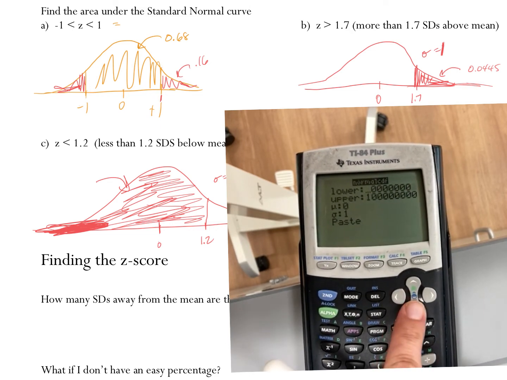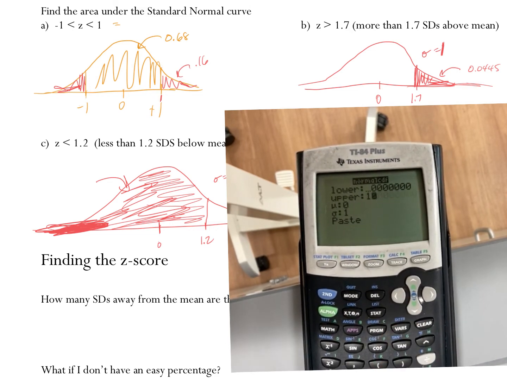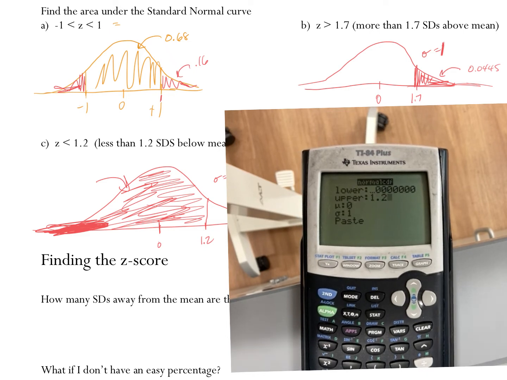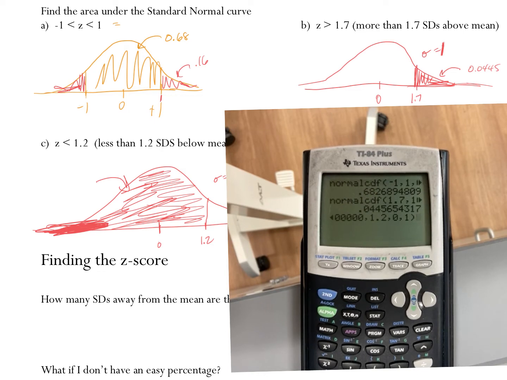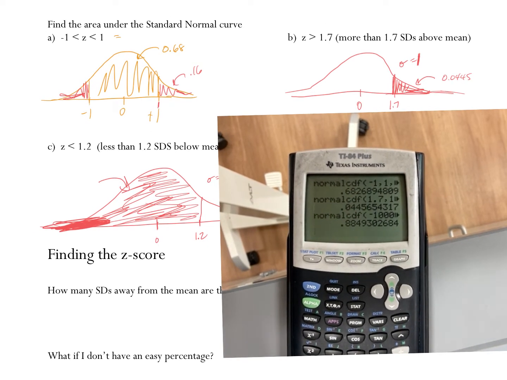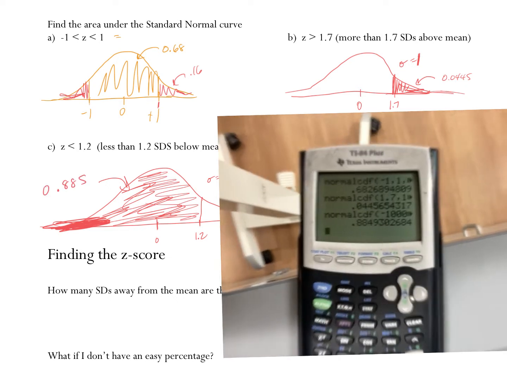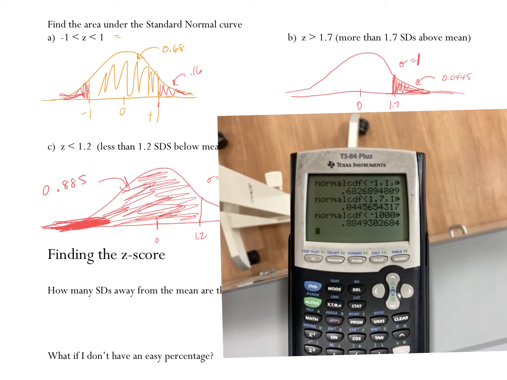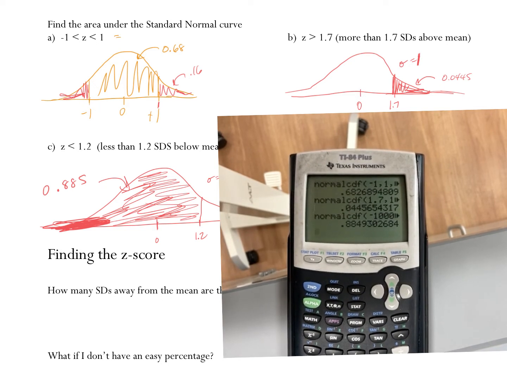What's my upper boundary? 1.2. Everything else stays the same. We hit paste. We get our answer as 0.885. Hey guys, does that look roughly like 88.5%? Does that feel right? Yeah.